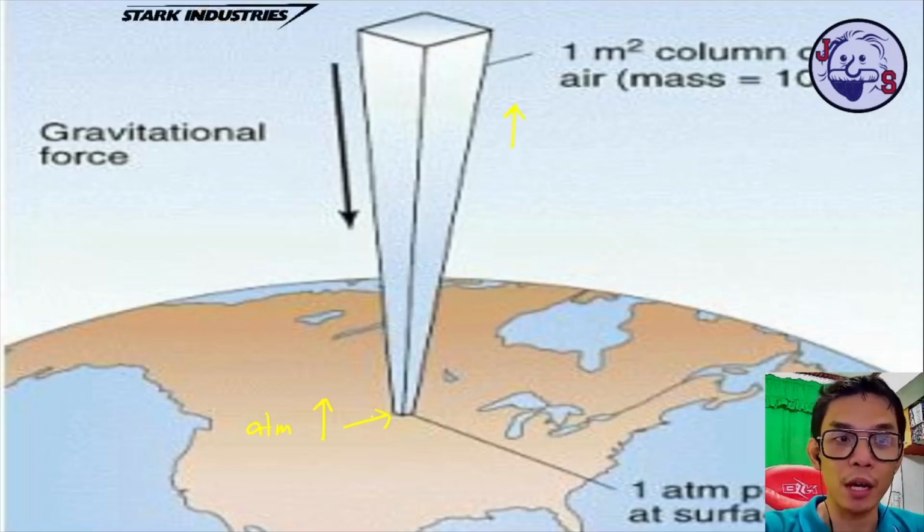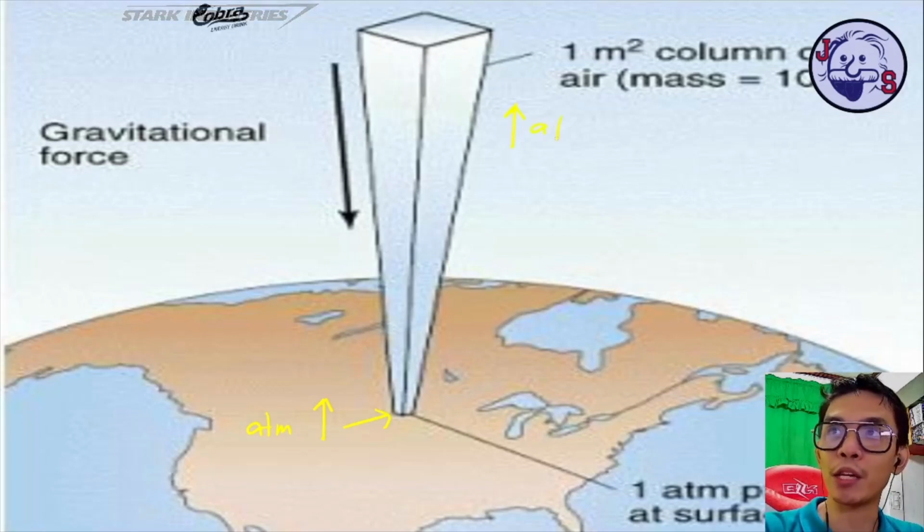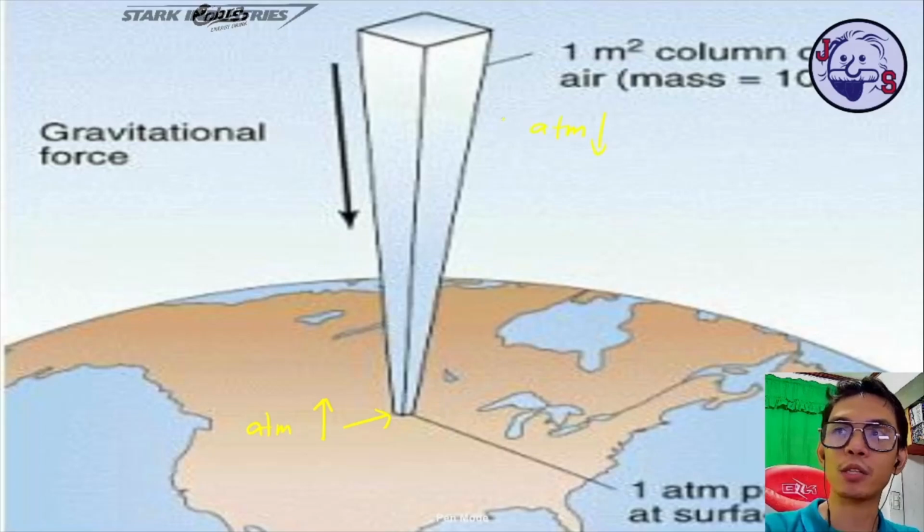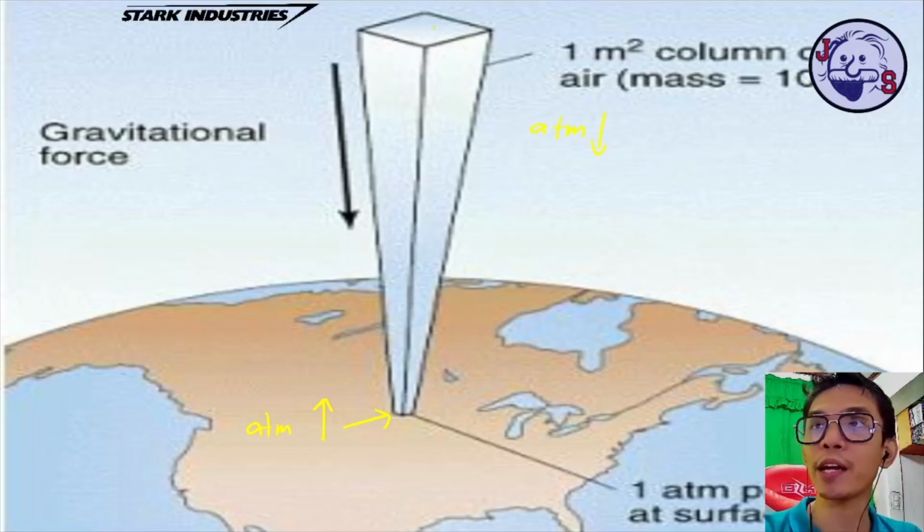So definitely, as the area decreases, the pressure increases. And as the area increases, the atmospheric pressure on this area decreases. That is the thing here, because the area over here is increasing.